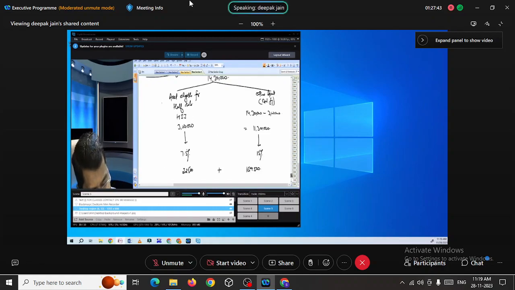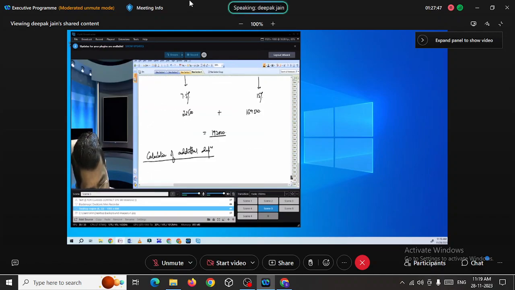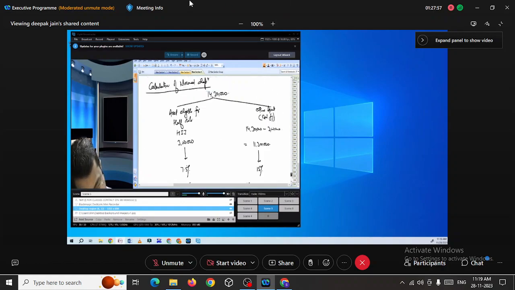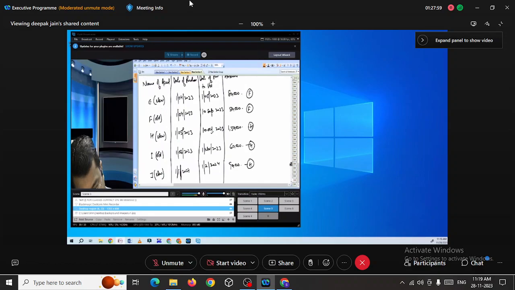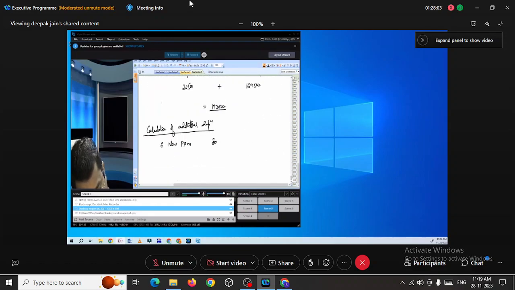Pick up each and every asset separately. Asset E is new plant and machinery. Eligible for additional depreciation or not? Yes, sir. And as it is put to use for more than 180 days, the entire 20% is the rate of additional depreciation.